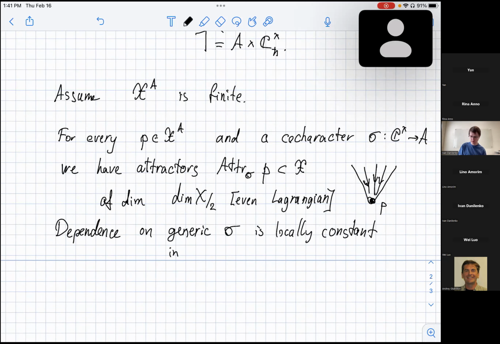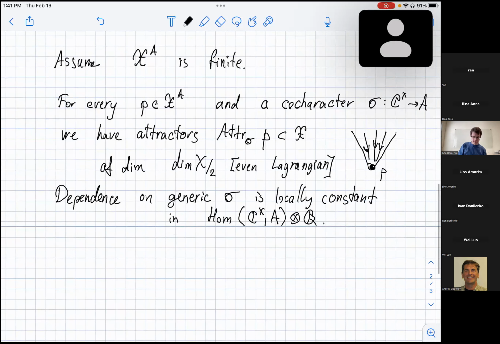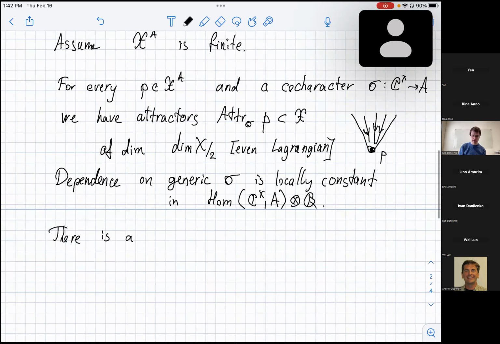If I consider the space of co-characters tensored with Q, there is a hyperplane arrangement. So let me make it more precise what we mean by generic.